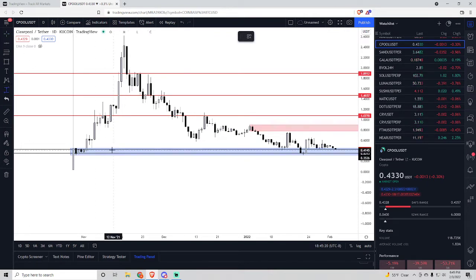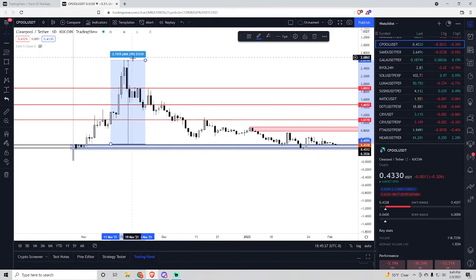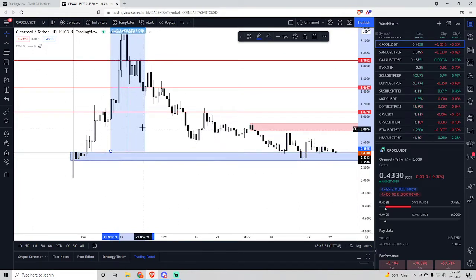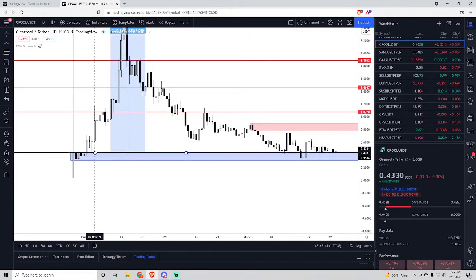So you got from this first tap here a 468% move. Again, this is a new coin, so there's not much data. So this was a strong support area as well. See how the zone is in confluence with the support line.